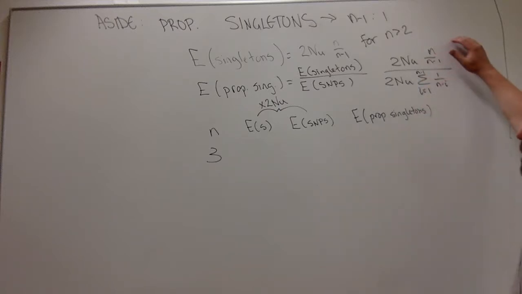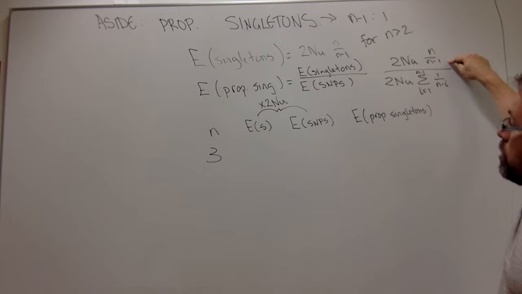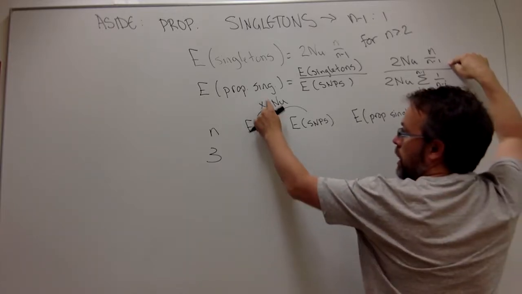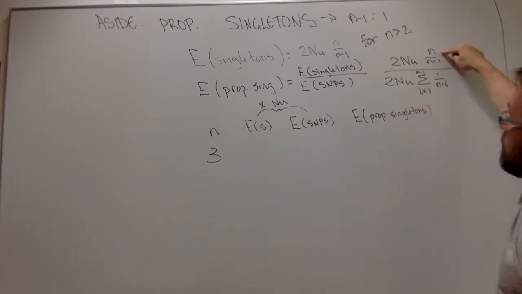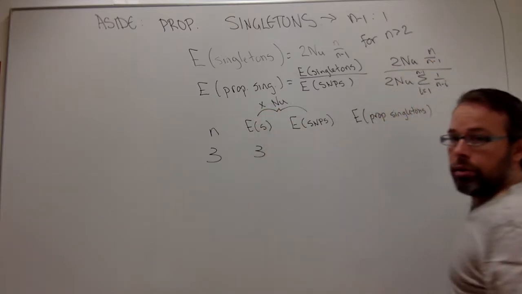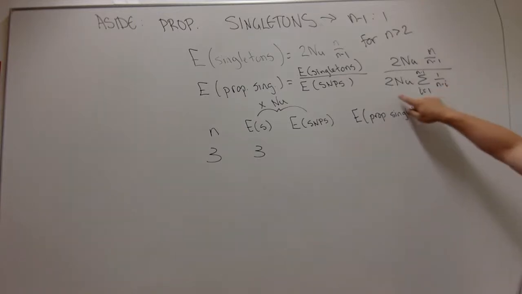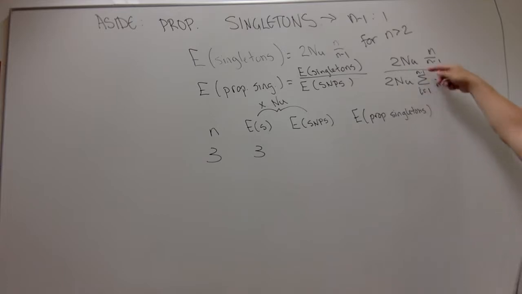Okay, so for n equals 3, this is just 3 divided by 2 times 2, so this would be 3nu. And the expected number of SNPs would be the sum from 1 to 2. When i is 1, this is 1 over 2, and when i is 2, this is 1 over 1.